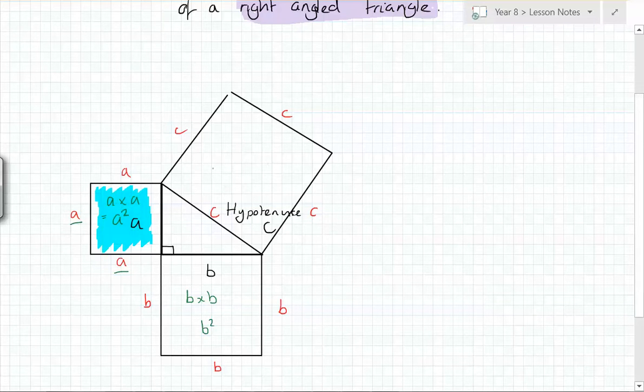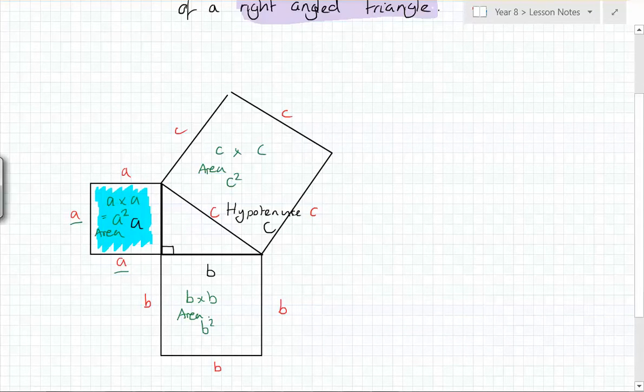And the area of this square is C times C, which is C squared. So remember, it's the area of the squares that we're talking about when we do that. So it's not the area of the triangle in the middle, it's the area of the squares that are created. Okay?